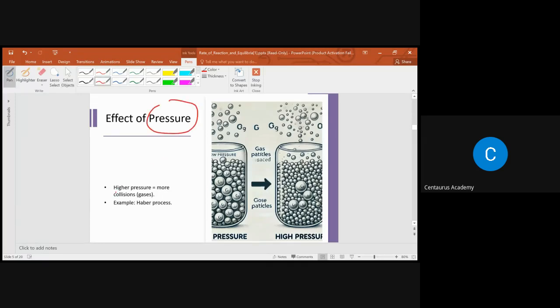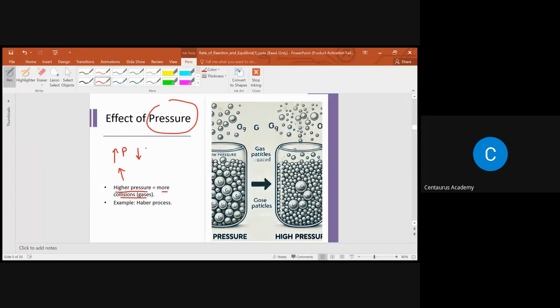So the higher the pressure, the more collisions take place. There's one more thing you must look into here. Higher pressure means you're applying greater force over a certain volume, so you are increasing the pressure by decreasing the volume.